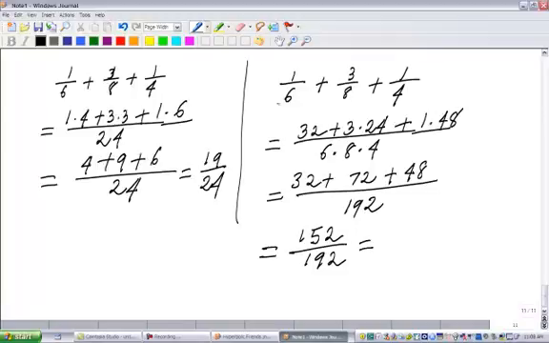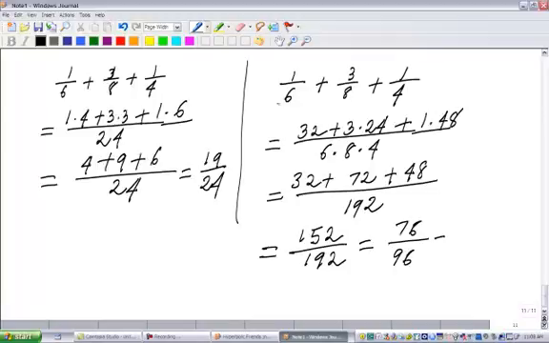Well, I have to reduce them. I can start dividing both of them by 2, right? If I divide 152 by 2, what do I get? 76. And if I divide 192 by 2, 96.